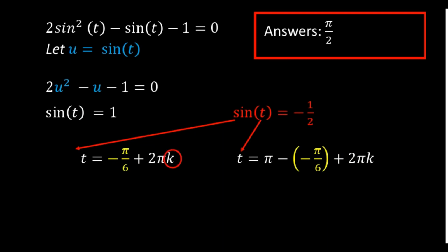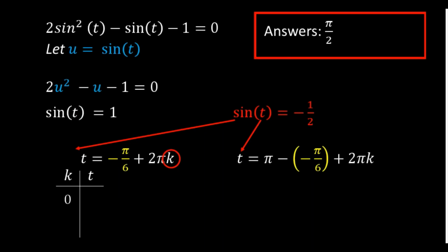And now we'll focus on the first equation. Again, we will be plugging integers for k. So we'll create a table, k and t. And notice that pi over 6 in this equation is already negative. So there's no need for me to plug negative k's because my whole answer would be negative, and our requirement is that the angle should be between 0 and 2 pi.